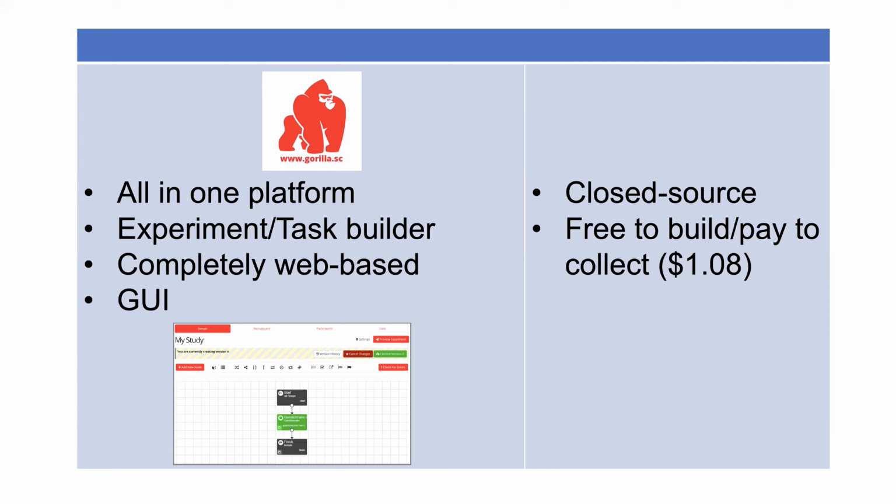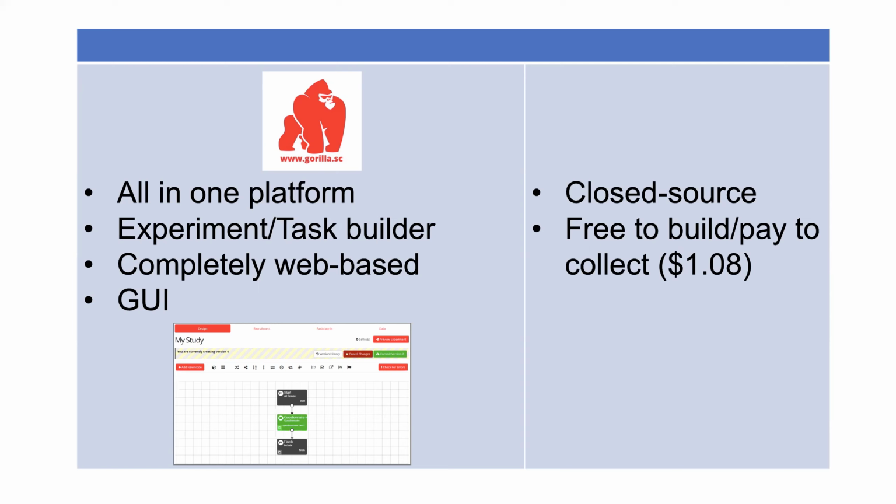So what you have to do is take the Python script and link it to, let's say, Qualtrics, which is a questionnaire builder, which I'll talk about. So it can get a little convoluted, a little messy, because you have multiple platforms talking to one another to build the experiment. With Gorilla, you don't need to do that.